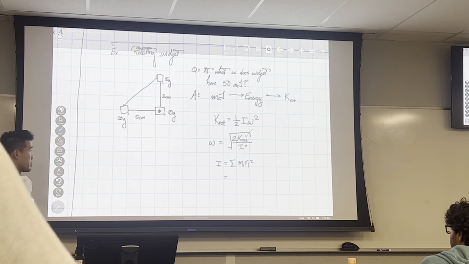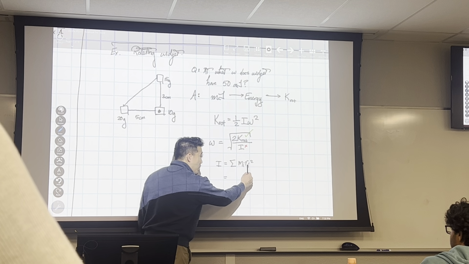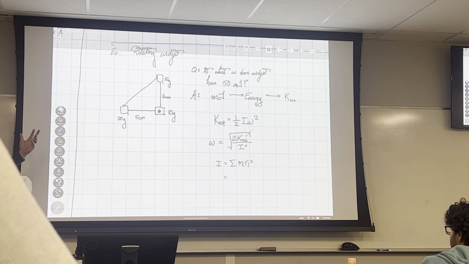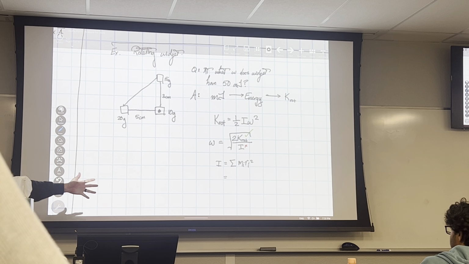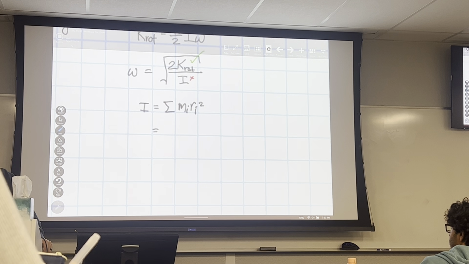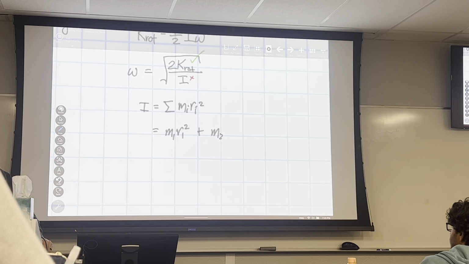In our example, this is just a sum of all the different portions we have. How many parts do we have? We would have 3. So this is going to be m1 r1 squared plus m2 r2 squared plus m3 r3 squared.